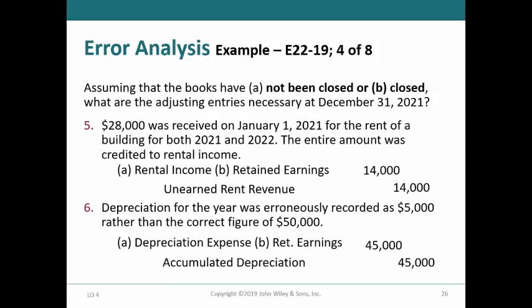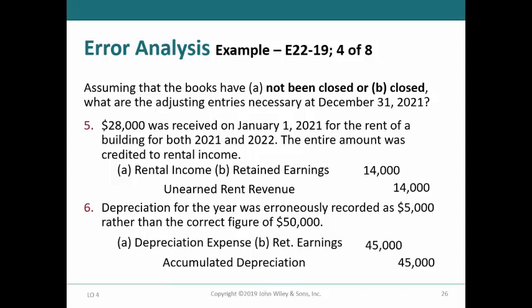In the first entry on this slide, we see that we recorded rental income, the entire $28,000 that was received, that was actually in payment of rent for 2021 and 2022. To correct this, we would debit rental income if the books are open, or retained earnings if closed, for $14,000.